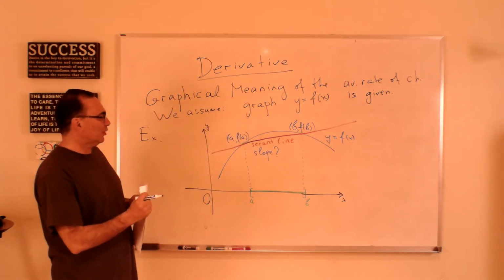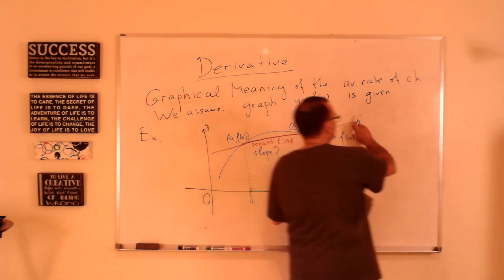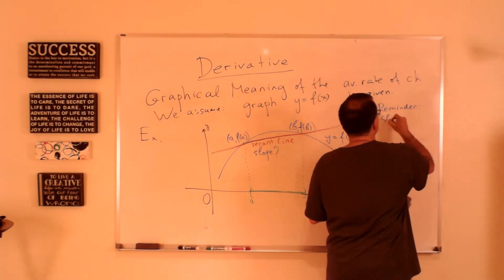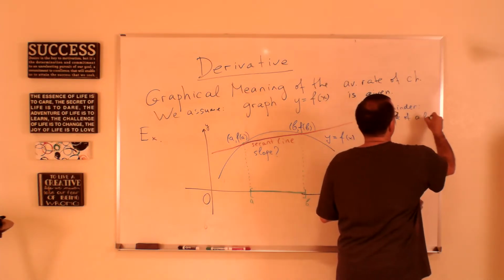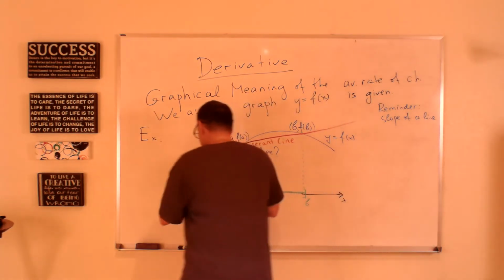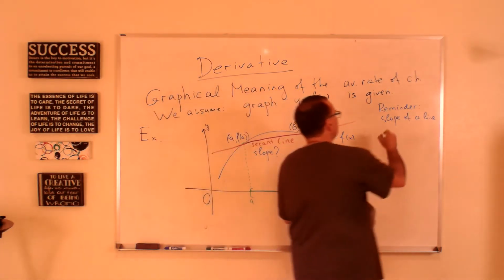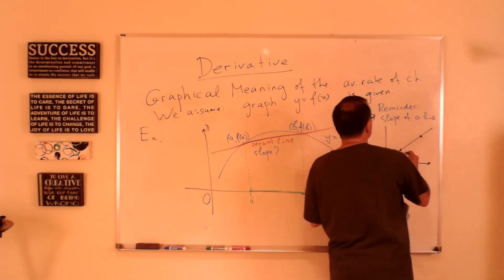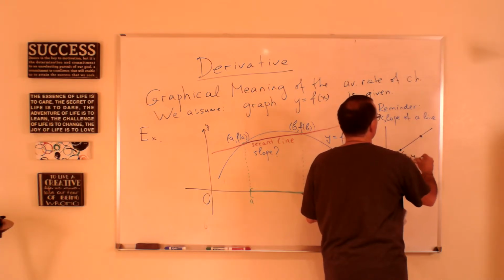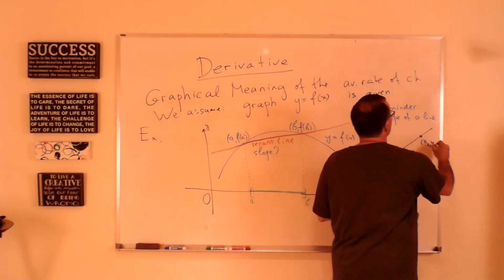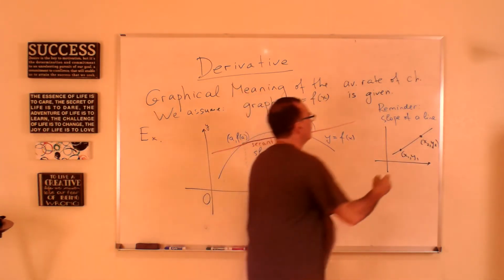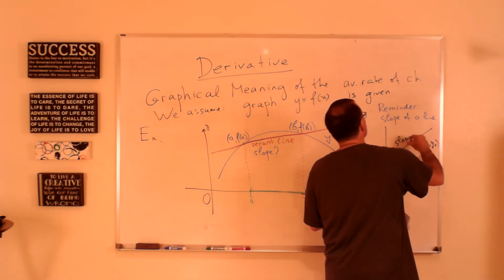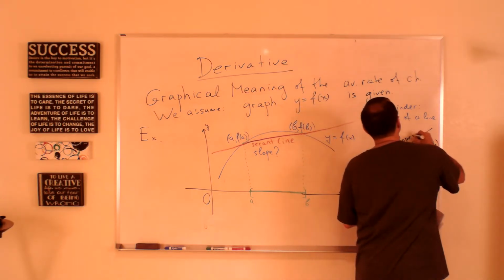Now, I will remind you that the slope of any line: if there is any line on the coordinate plane, let's say this line that passes through 2 given points, let's say the coordinates of the first point are x1, y1, and the coordinates of the second point are x2, y2, then there is a simple formula to calculate the slope. Typically, the slope of a line is denoted by m.